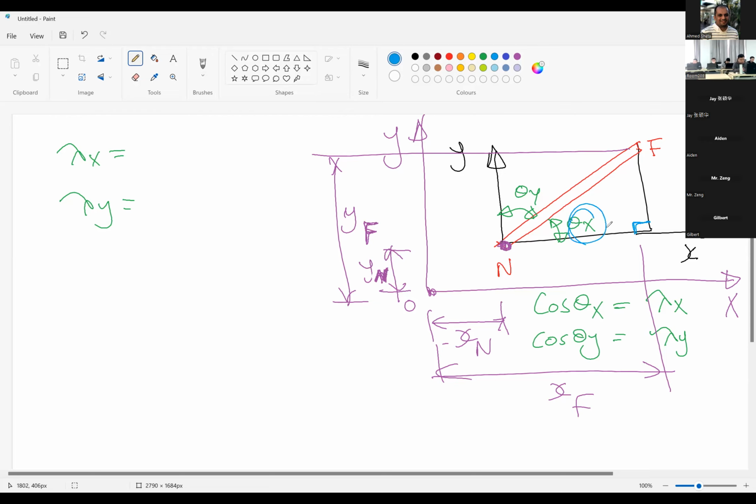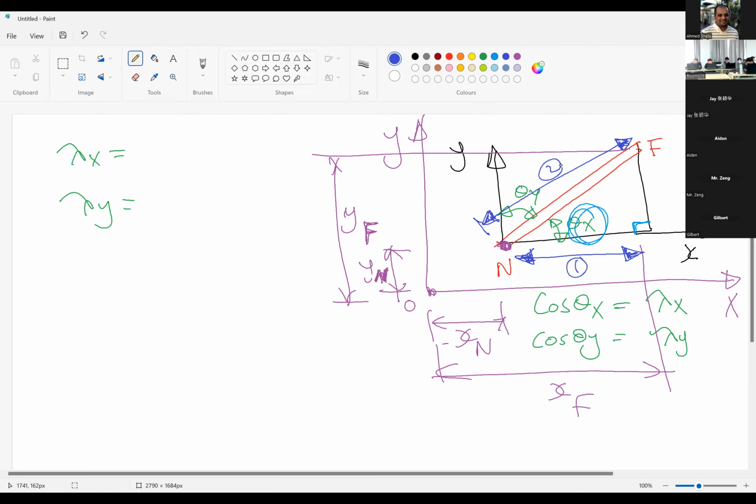So how can we find cosine theta x? Cosine theta x will be the adjacent coordinate over this coordinate. If we find coordinate 1 and coordinate 2, we can find lambda x, or cosine theta x.